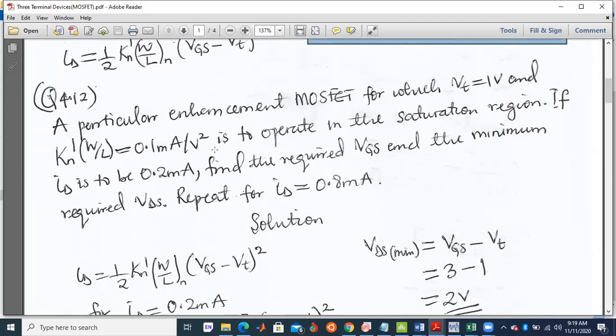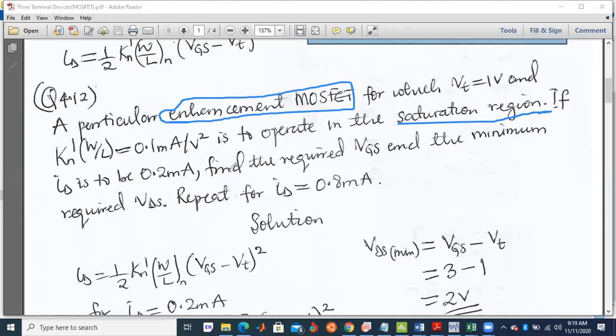Alhamdulillah, it is stated here that the device is operating in the saturation region. These are the key things you need to highlight. It is very important. You have to highlight that. Another important thing is that it is an enhancement MOSFET. I want to ask you some question here. Enhancement mode MOSFET.